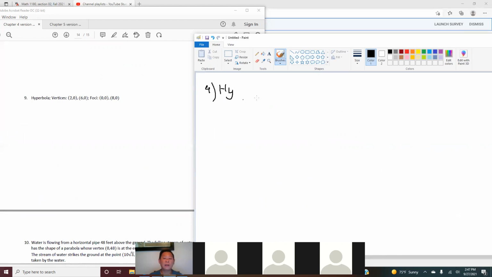Number 9 is telling us it's a hyperbola with vertices of 2, 0 and 6, 0, and the foci given by 0, 0 and 8, 0. As usual, the question doesn't tell us whether this is a horizontal one or a vertical one.